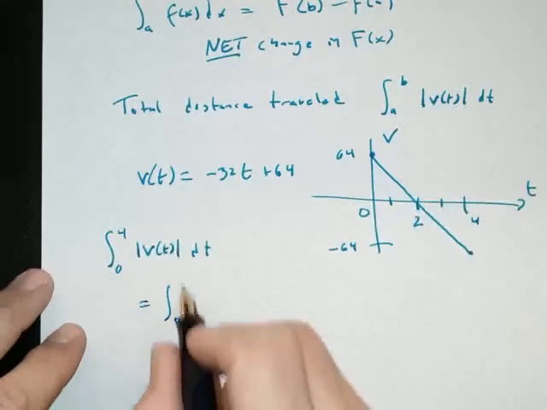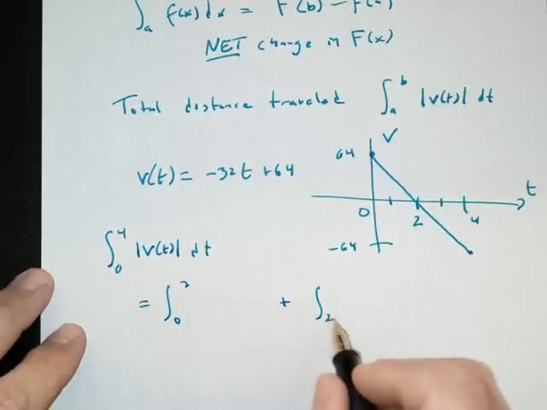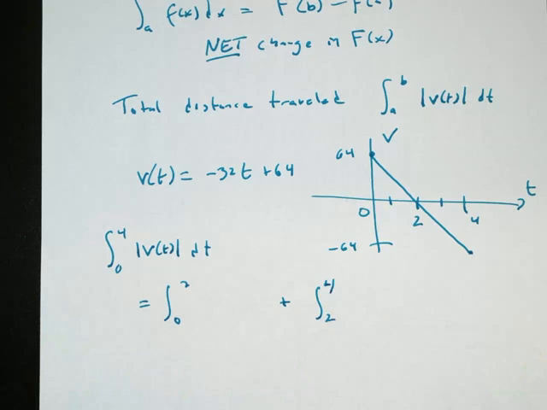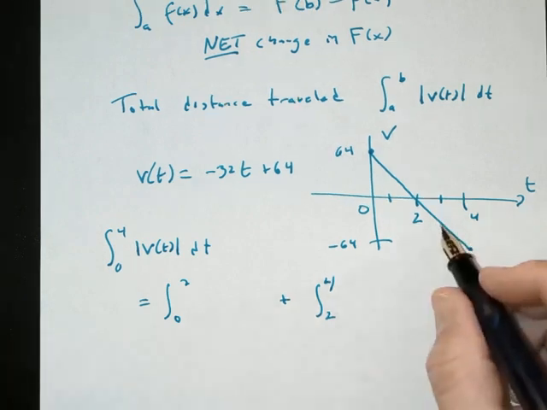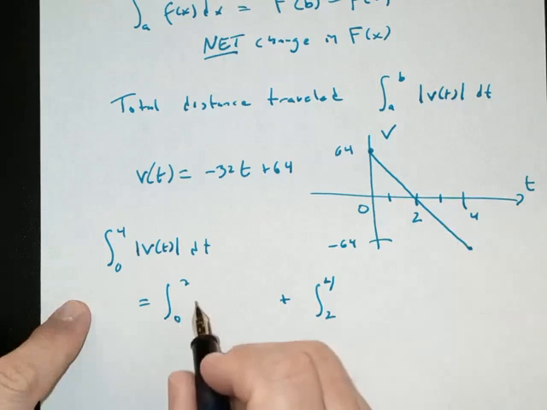I would have to do the integral from 0 to 2 and then a different integral from 2 to 4. The problem is along the way from A to B, I could go from A to C. Here I change. When I do the absolute value, numbers need to be here.